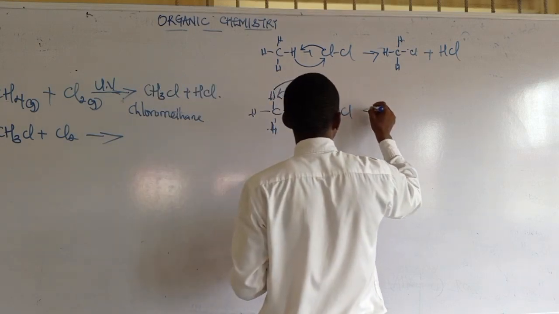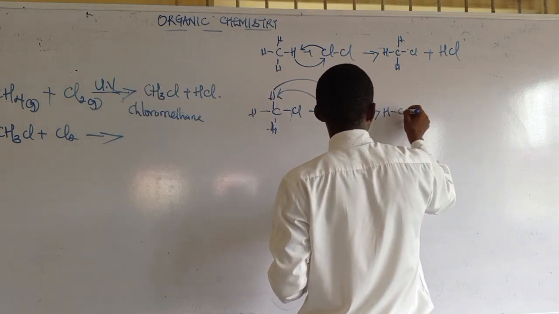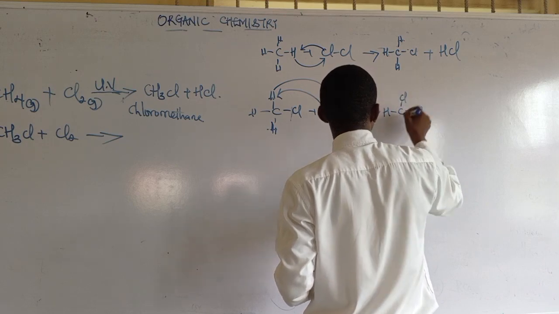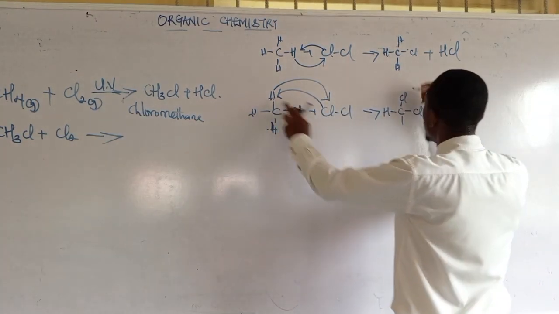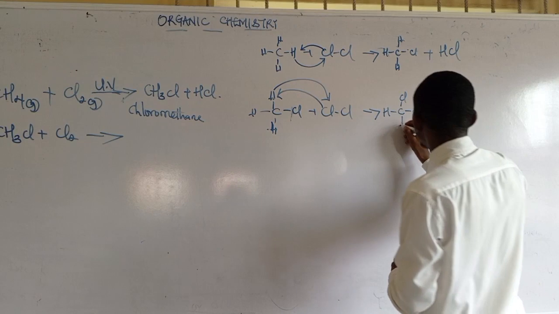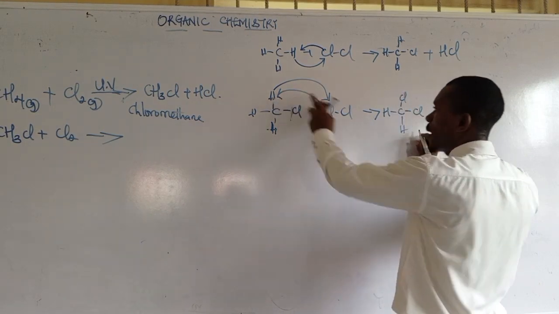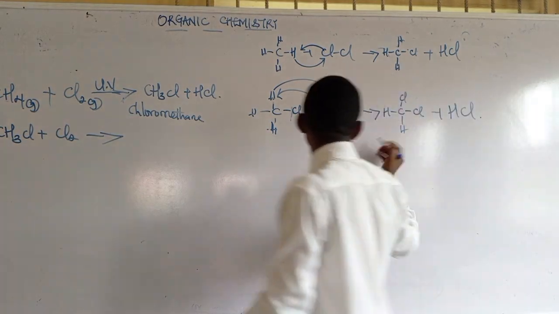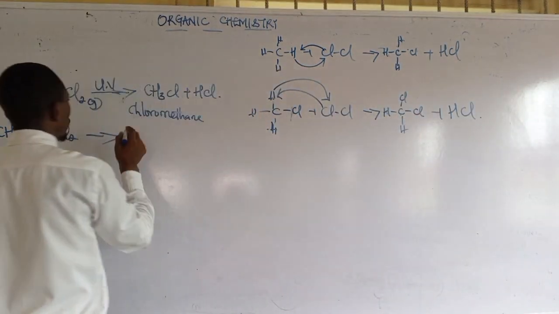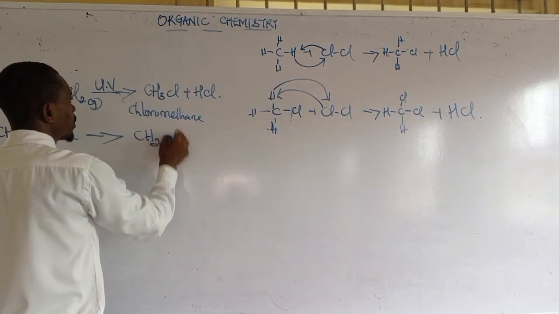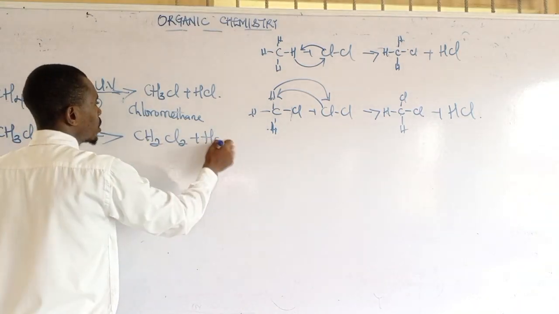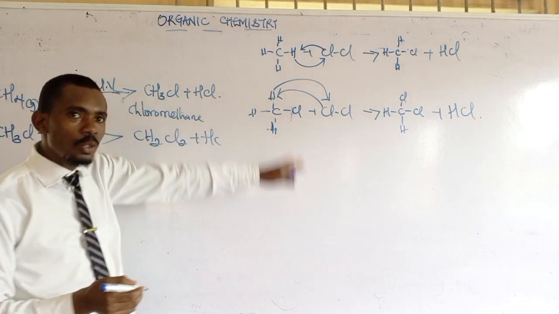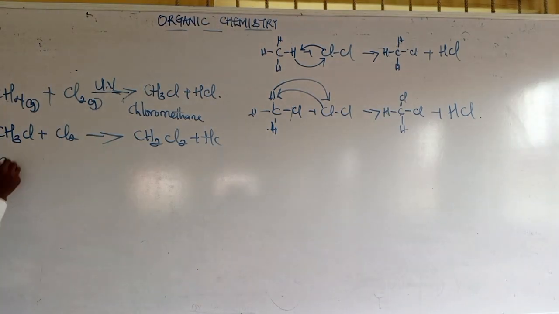So this H has been removed, and chlorine has taken its place. The H being removed will now combine with chlorine here to form HCl. So we have CH2Cl2 plus HCl. So this process continues again.